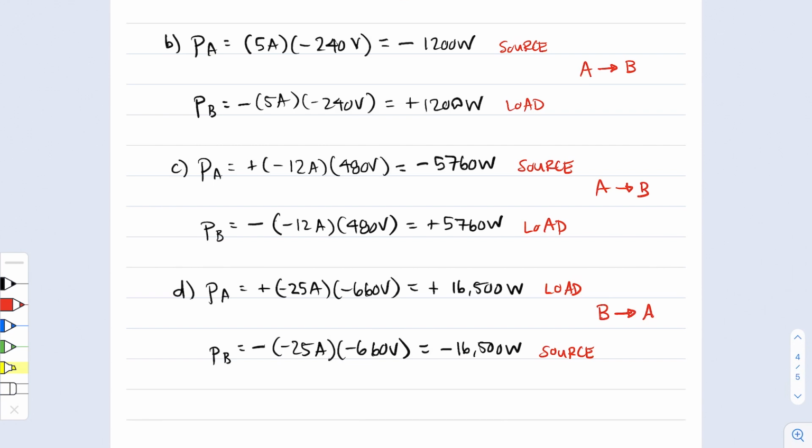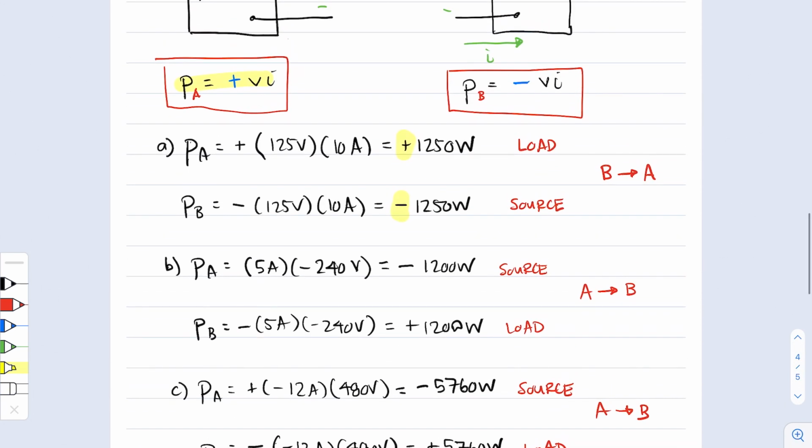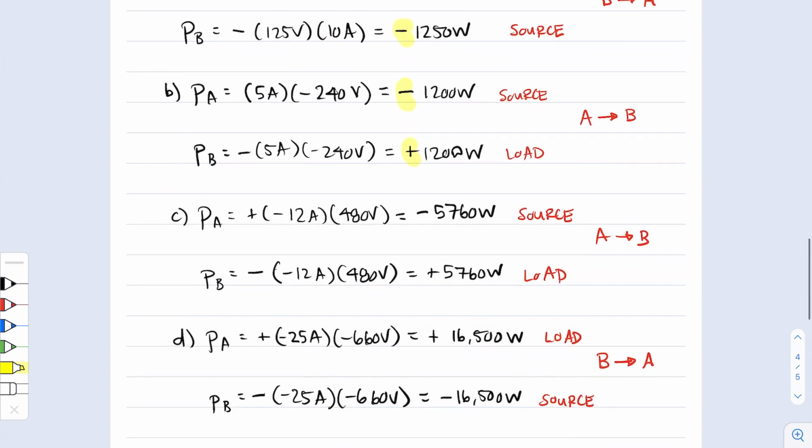Now there's a few things that I want to point out. Once again, notice that whether something is a source or a load does not depend solely on this. It is the final signs by the end of all of the calculations that determine whether something is a source or a load.